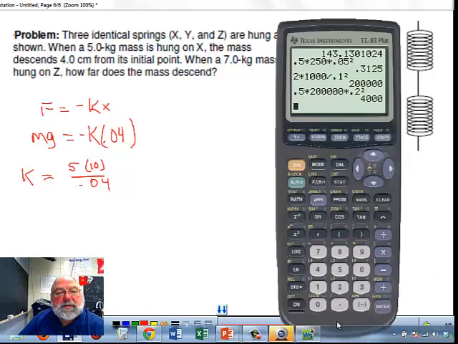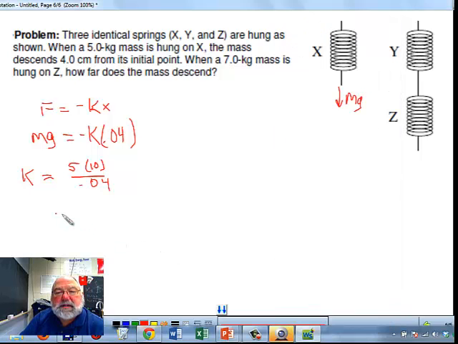So that comes out to 50 divided by 0.04. And enter. So the spring constant is 1,250 newtons per meter.